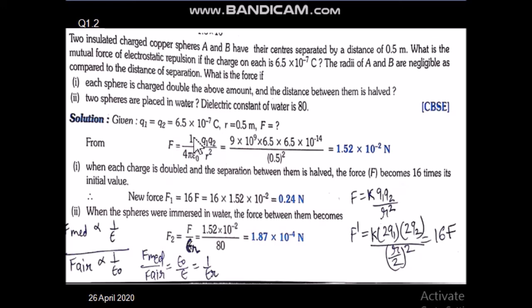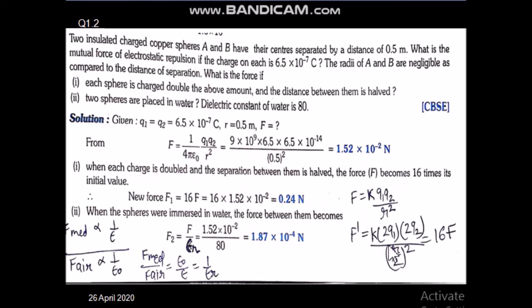Now, first of all, it is asked about force. So force F equal to K Q1 Q2 upon r square. This K means 1 upon 4 pi epsilon 0. It is always 9 into 10 raised to power 9. Q1 Q2 both are given and the distance between both is given, 0.5. This way we have obtained the old force. Now the question is, if the charge is doubled and the separation is halved, what will be the new force?